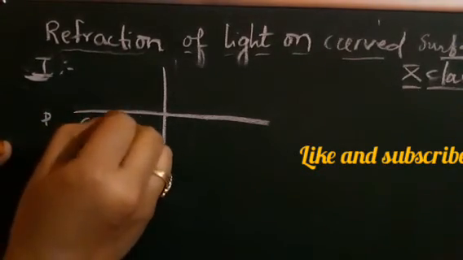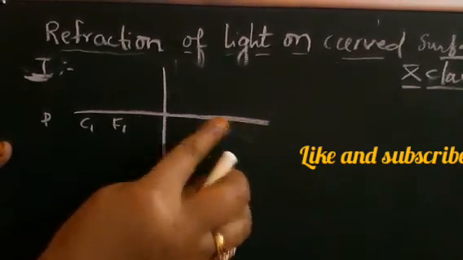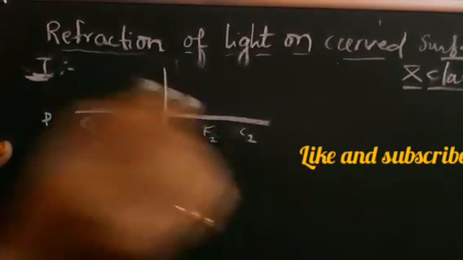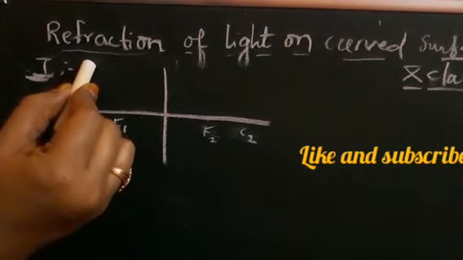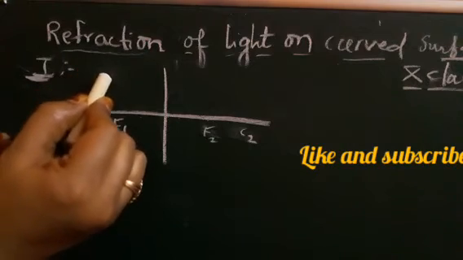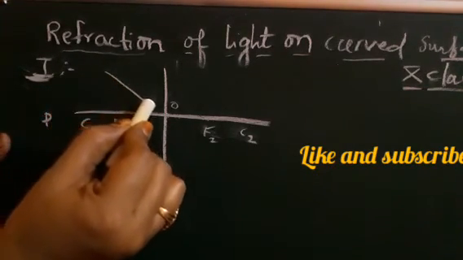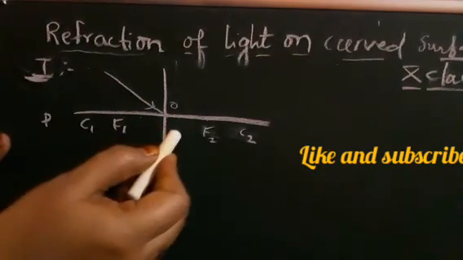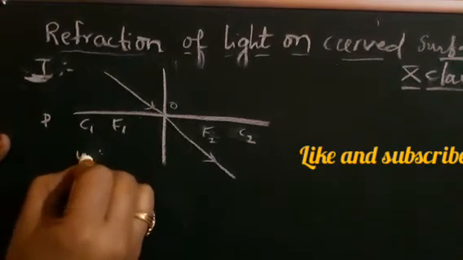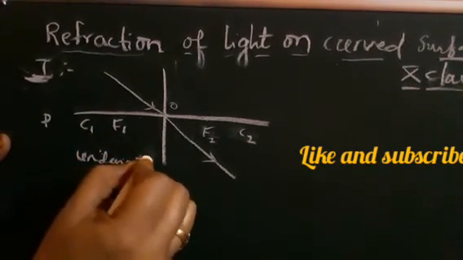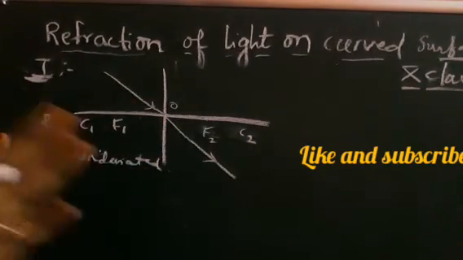This is your C1, F1, F2, C2. So when this is your incident ray and it is passing through the optic center, then it remains undeviated. There is no change in the ray. Whatever ray is coming, the refracted ray will be the same, no change.